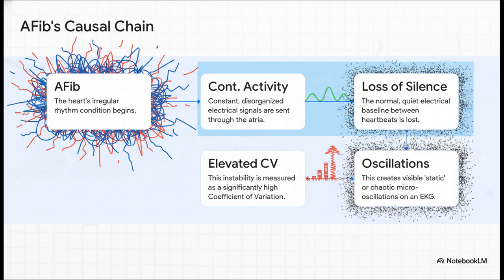That condition then triggers a continuous storm of electrical activity. That storm completely wipes out the nice, quiet baseline we're supposed to have, which results in those messy, chaotic micro-oscillations we saw. And finally, all that visual chaos gets measured as one simple thing, an elevated baseline CV. It is a perfect A to B to C map from the disease to a number you can actually measure.